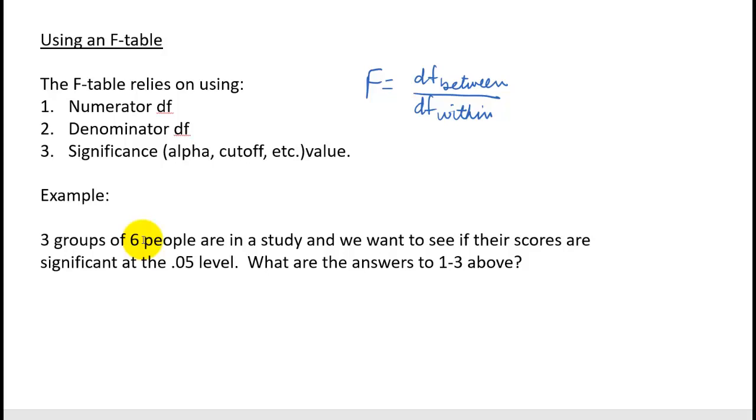The cutoff alpha level is 3.68 according to the table in the back of the book. That's 15 degrees of freedom in the denominator, 2 degrees of freedom in the numerator, and at the 5% or 0.05 significance level. That's 3.68. That's what our cutoff F value would be if we were going to conduct a study like this.